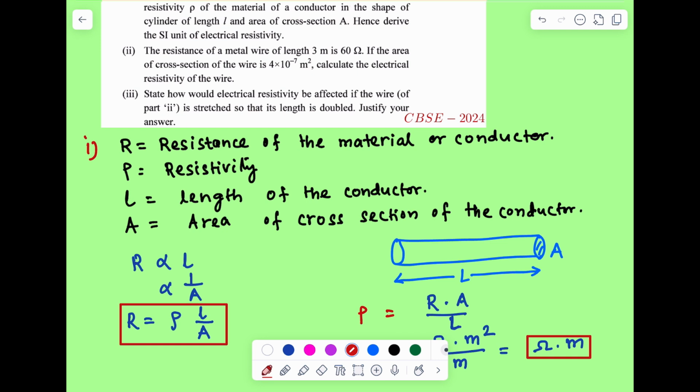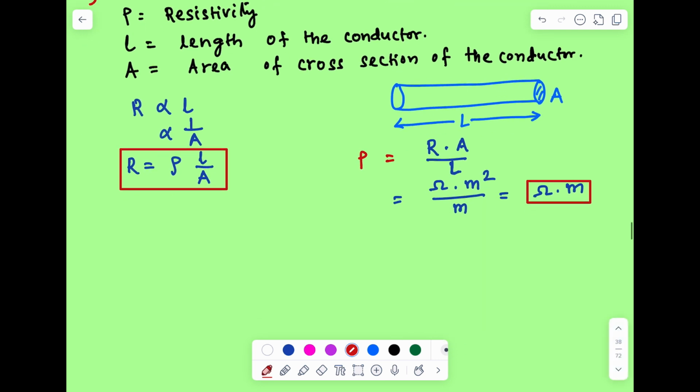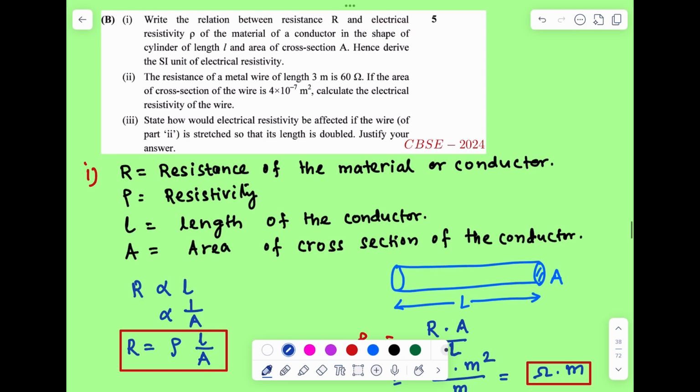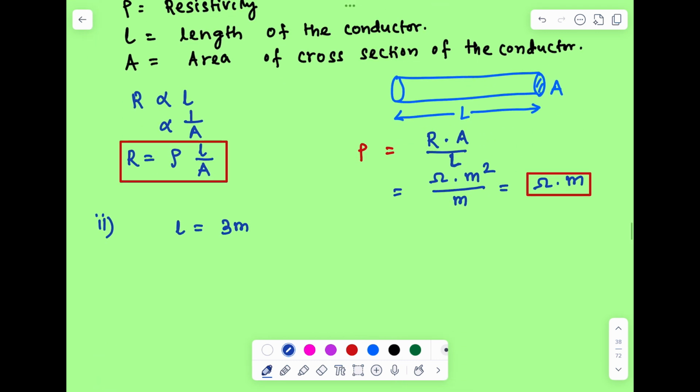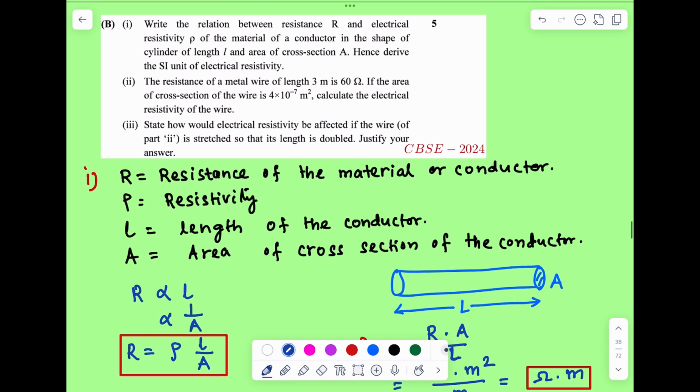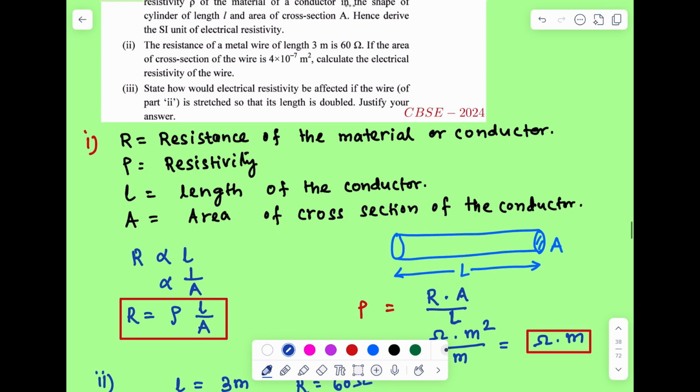And second bit, the resistance of the metal wire of length 3 meter. That means length is given as 3 meter, is 60 ohm. That means resistance is equal to 60 ohm is given.